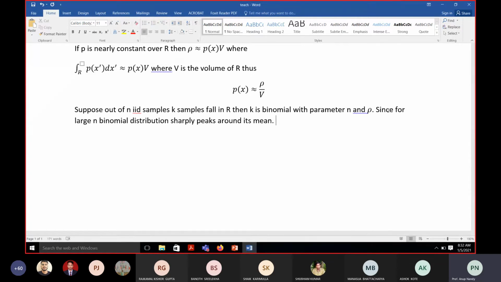So we expect that the ratio k by n will be a very good estimate for the probability rho, because this integration is going to be approximated by k by n.